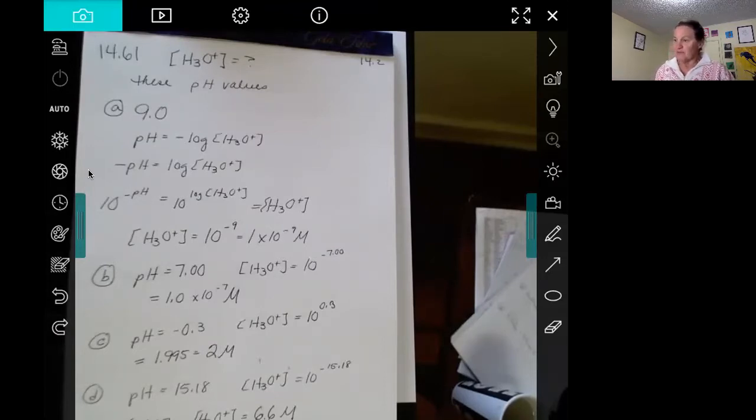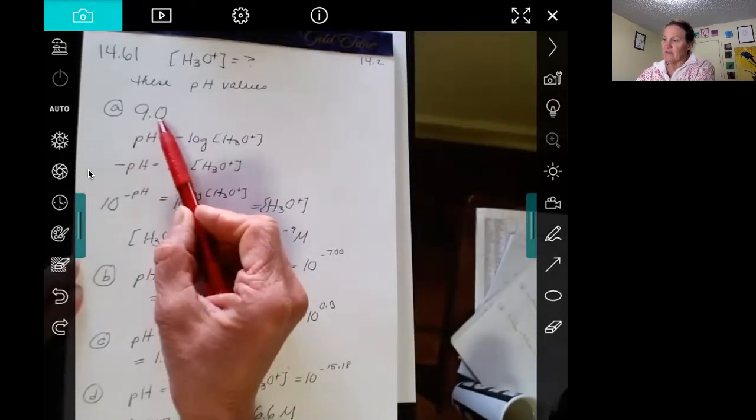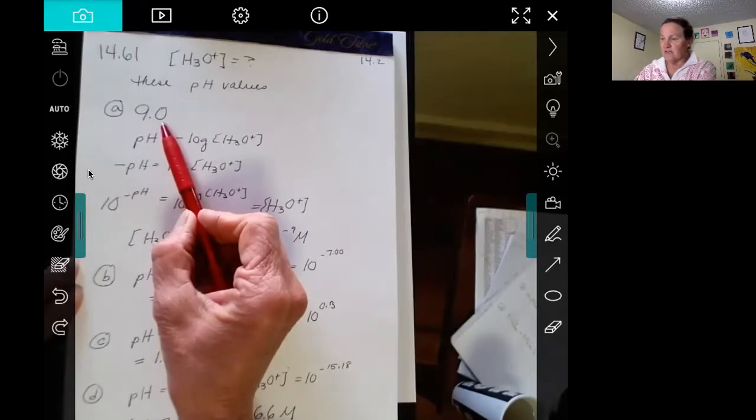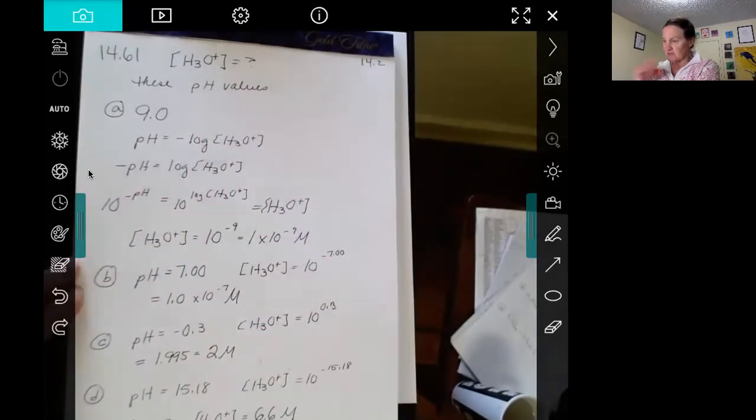In this problem, they want us to calculate the H3O plus, the hydronium ion concentration, given the pH. They want us to do it with the right number of sig figs. If this is the pH, remember the number of digits to the right of the decimal tell you the number of sig figs total that would have been in the concentration.